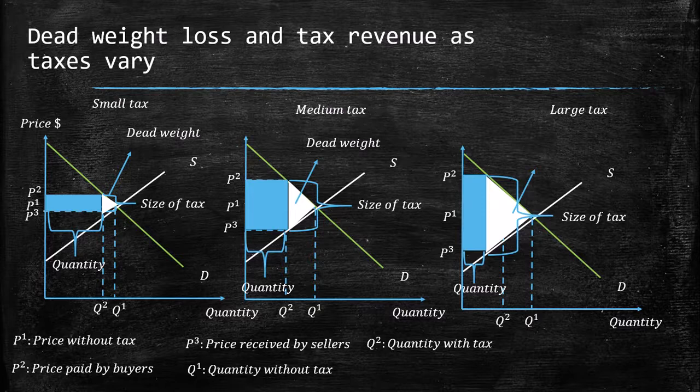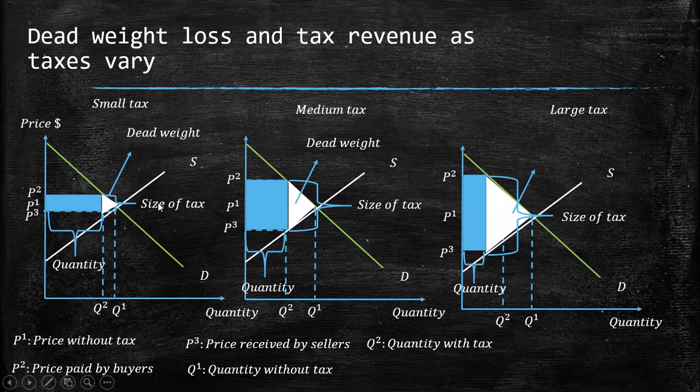Another important fact is about the deadweight loss. If you see here, maybe it is not really clear, but let's think about mathematics. When you charge a higher tax, you will see here how this is a triangle, right? And the base is going to increase.